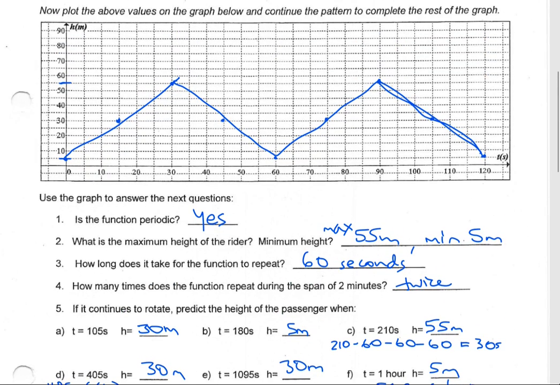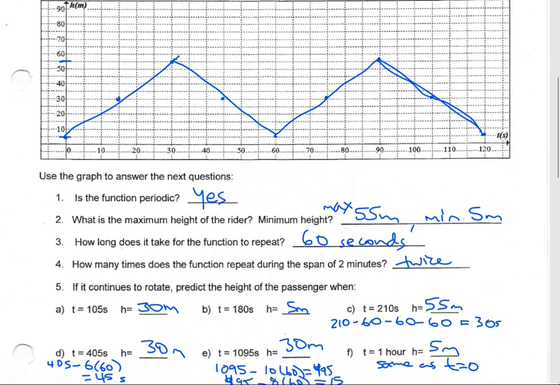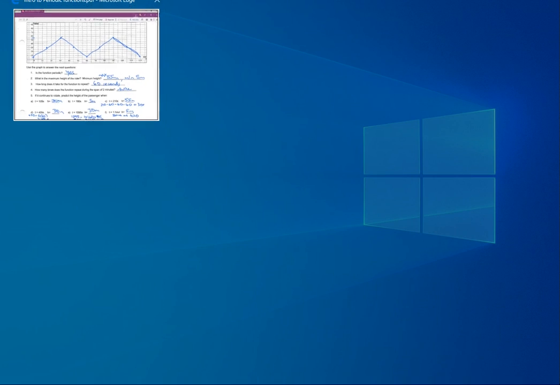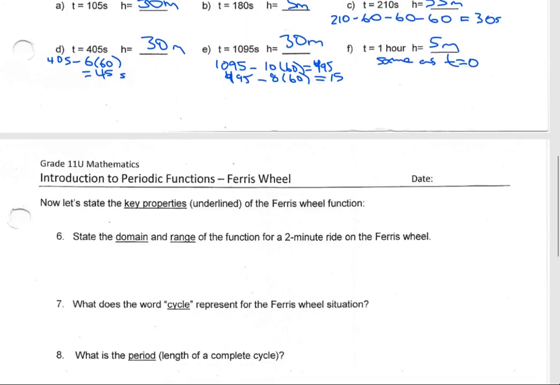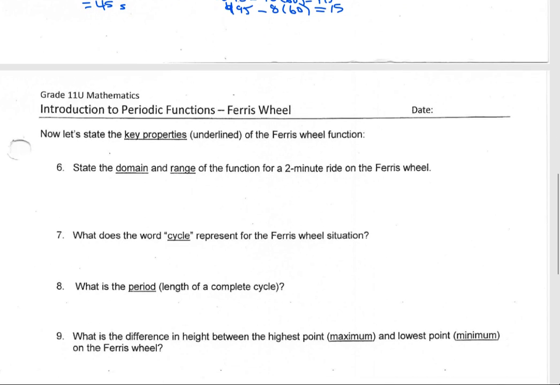So we can see for 2 minutes, our time goes from 0 to 120 seconds, and our height goes from 5 meters to 55 meters. So let me write the domain and range over here. So domain. The domain is the set of all t's such that t is between 0 and 120, and t is an element of the real numbers.